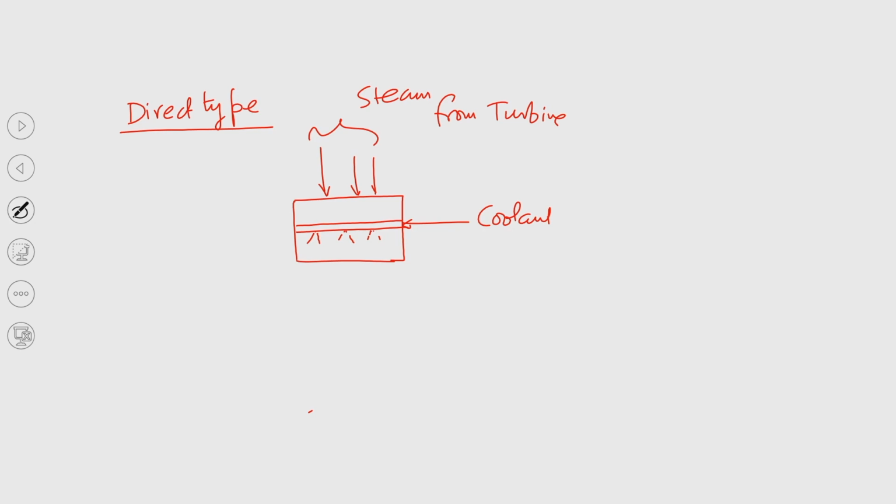Okay. So, you can see the coolant is allowed to pass through the pipe in the form of a spray, and steam is coming from the top, and so these two streams will mix together.